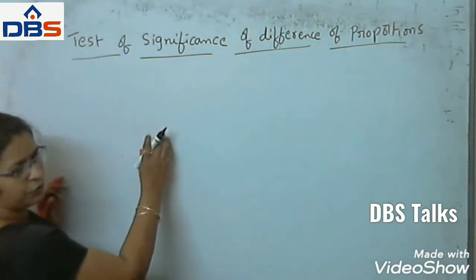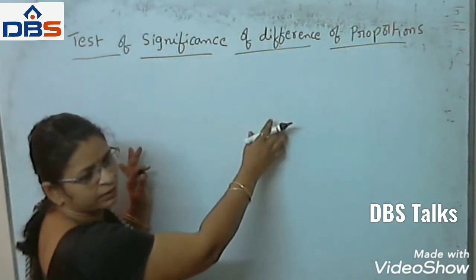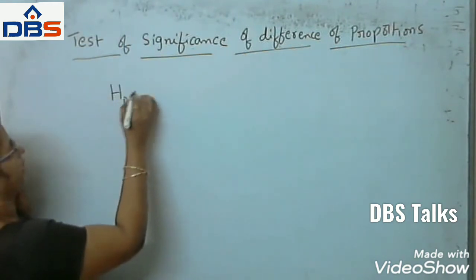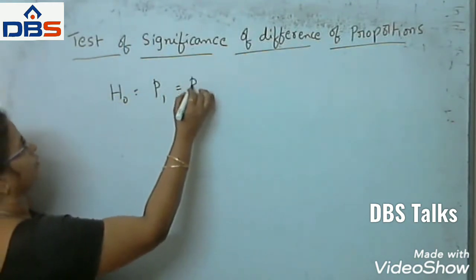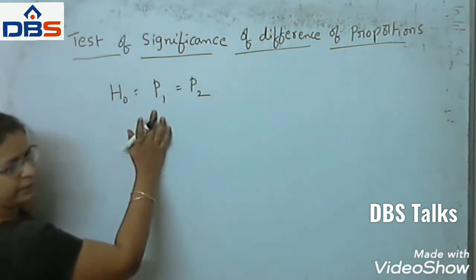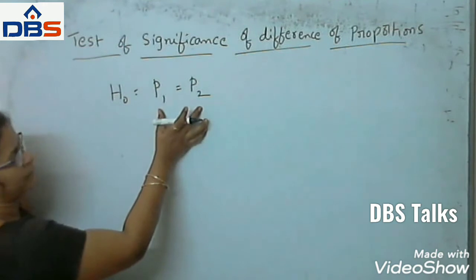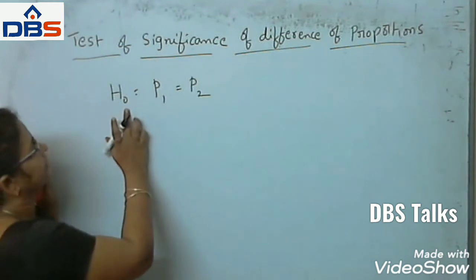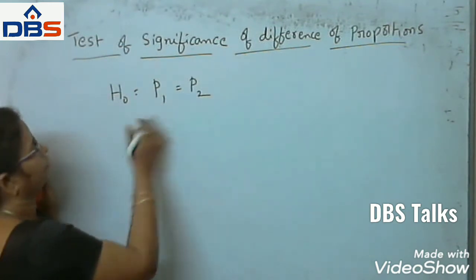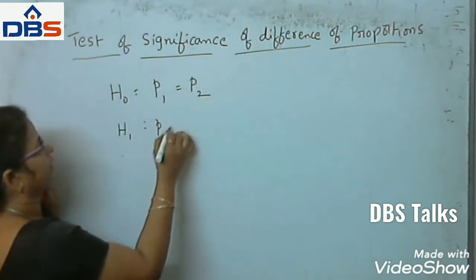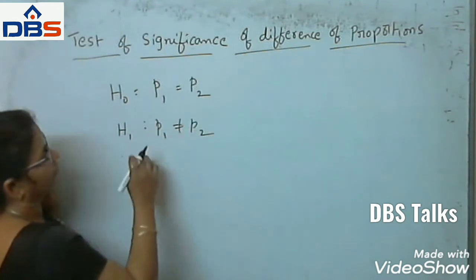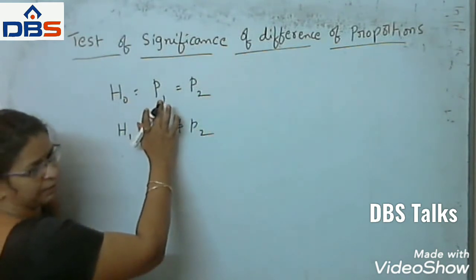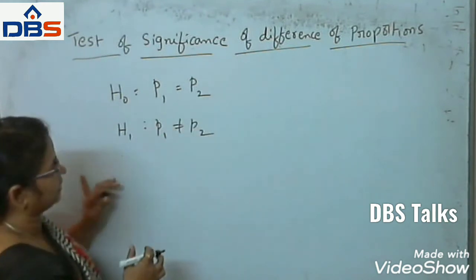So for that we set up H0 such that P1 equal to P2, H1 P1 not equal to P2, alpha. Here P1 and P2 are sample proportions. P1 is the first sample proportion, P2 is the second sample proportion.